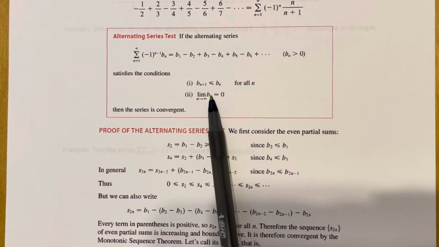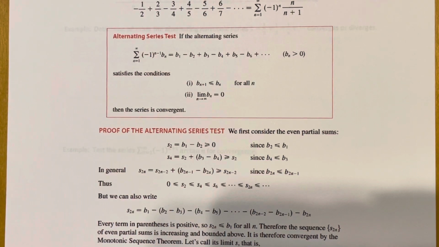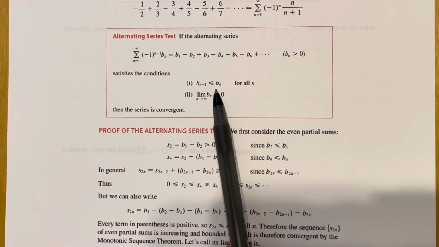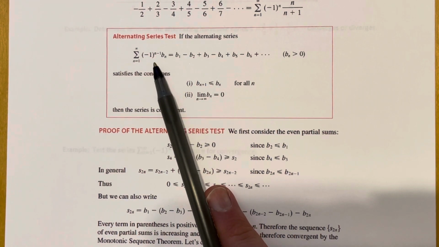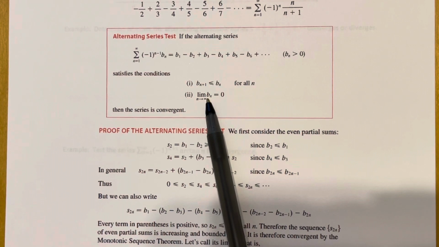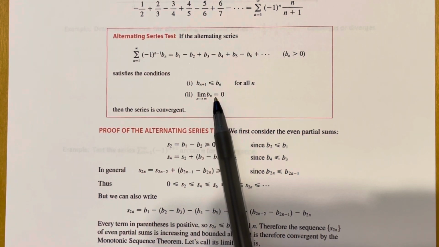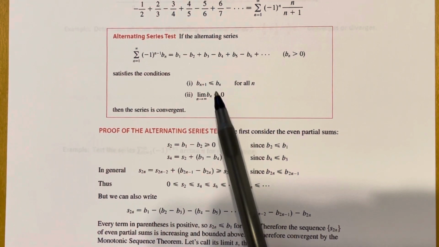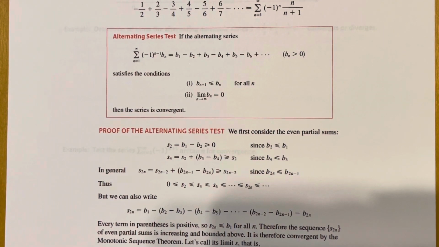Now, we've seen this condition before, but it was actually in our test for divergence. We said a ways back that if you have a series and you know that the series is convergent, then the limit of its sequence of terms has to go to 0. And then we said that the converse of that is not necessarily true.